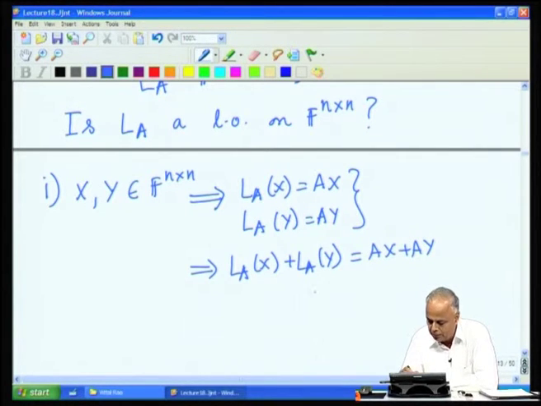Again matrix multiplication is distributive.